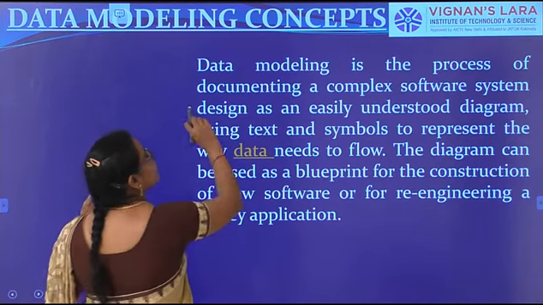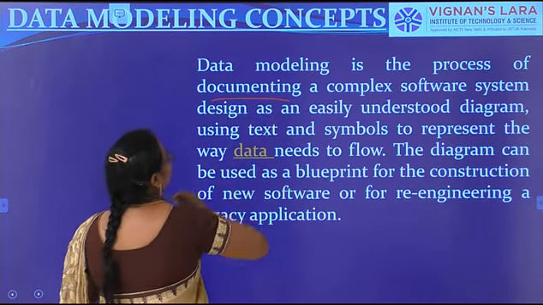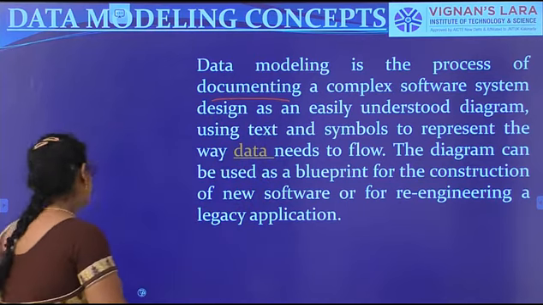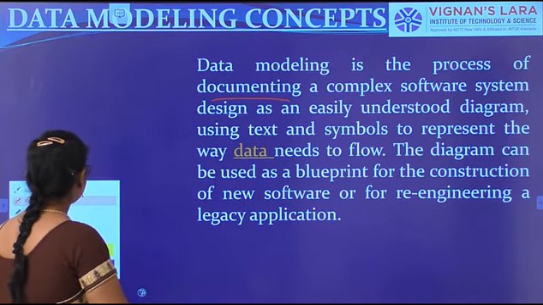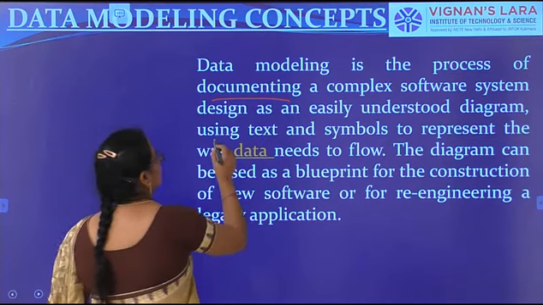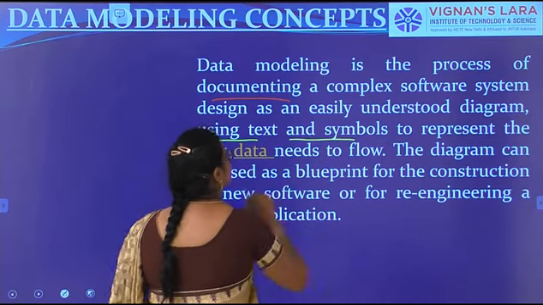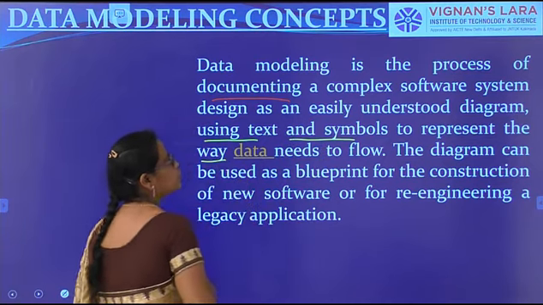Data modeling is the process of documenting a complex software system as an easily understood diagram, using text and symbols to represent the way data needs to flow.